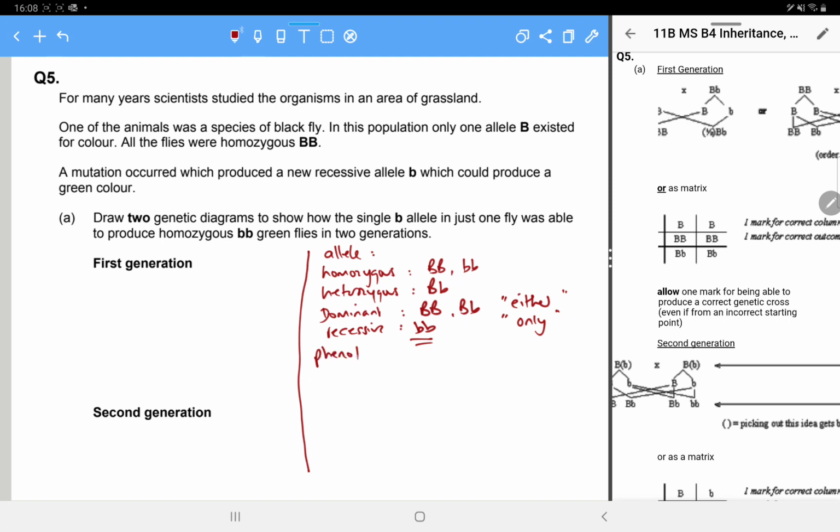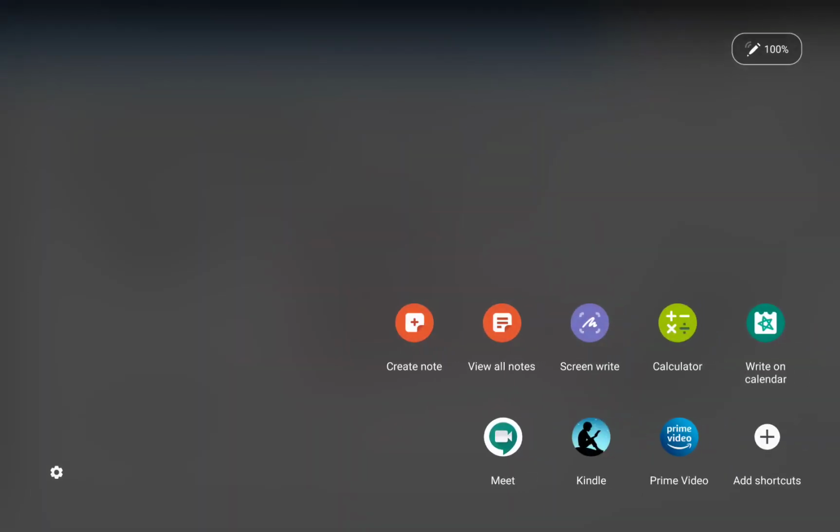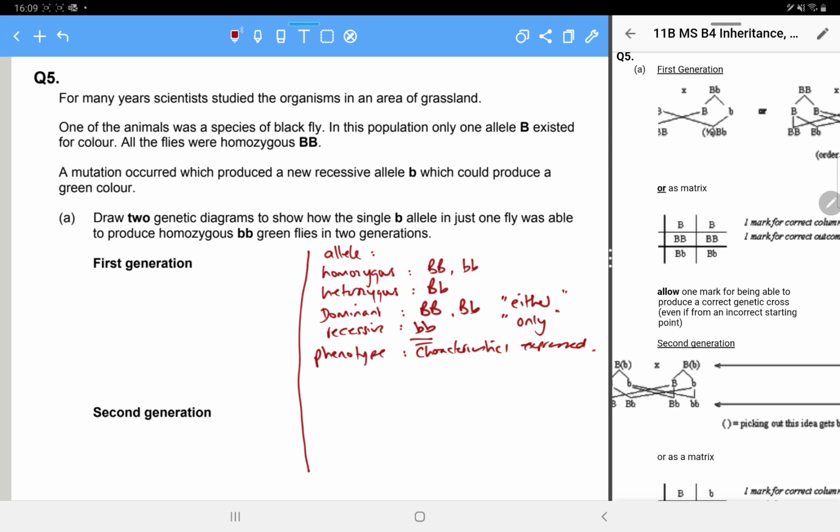We talked about phenotype. Phenotype is the characteristics you see, the characteristics expressed, okay? The genotype is the two alleles found at a gene, just written. So it could be big B, big B, okay?